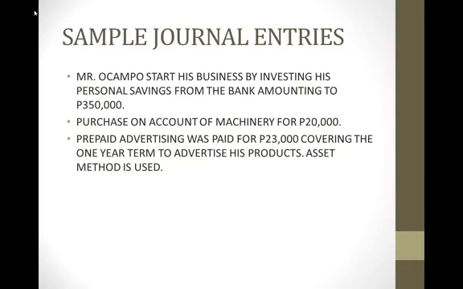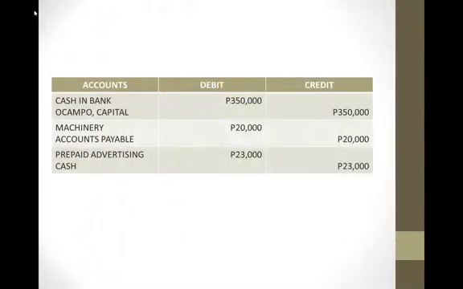So, pag nirecord nyo po yung investment, increase ka ng equity and then asset. Now, cash in bank, meaning your investment came from the bank, savings. Then you credit capital to increase, to record the investment.